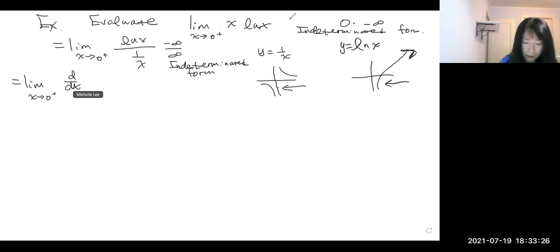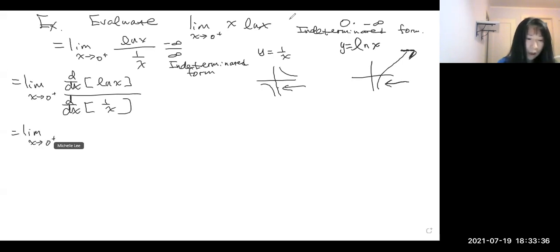So we take the derivative of the numerator and denominator, respectively. So ln x, what do you get? It's 1 over x, very good. How about the derivative of negative 1 over x? It's negative 1 over x squared, very good.